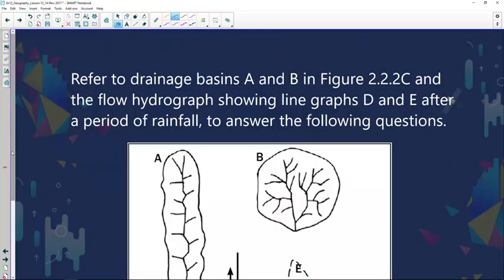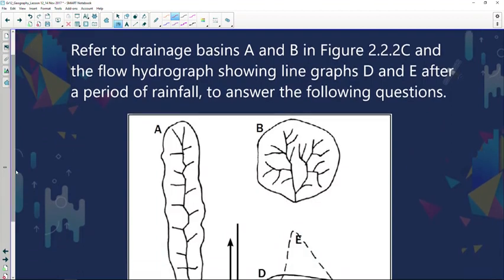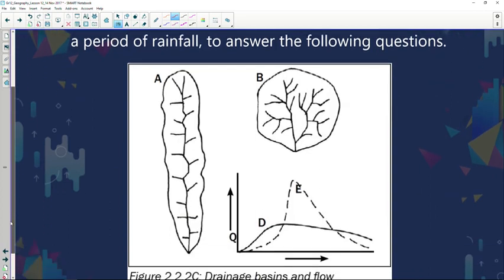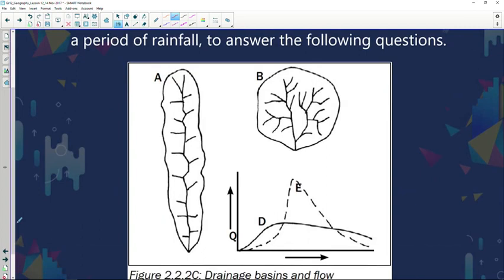Now, if you look at the next question, refer to drainage basin A and B in figure 2.2.C and the flow hydrograph showing the line graphs D and E after a period of rainfall. Let's just quickly look at these two diagrams over here. First of all, will you agree with me that A is a trellis pattern and B is a dendritic pattern?